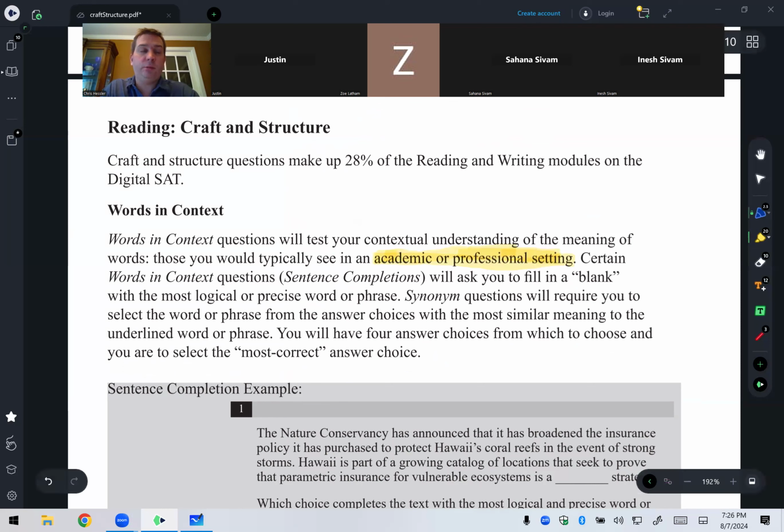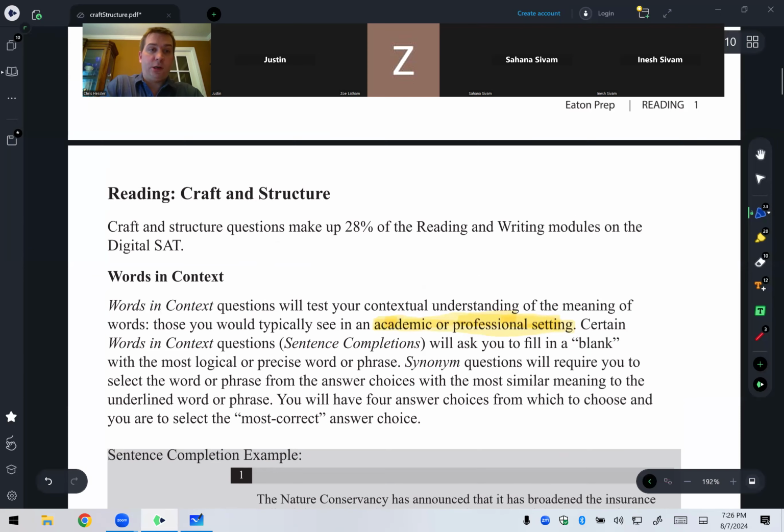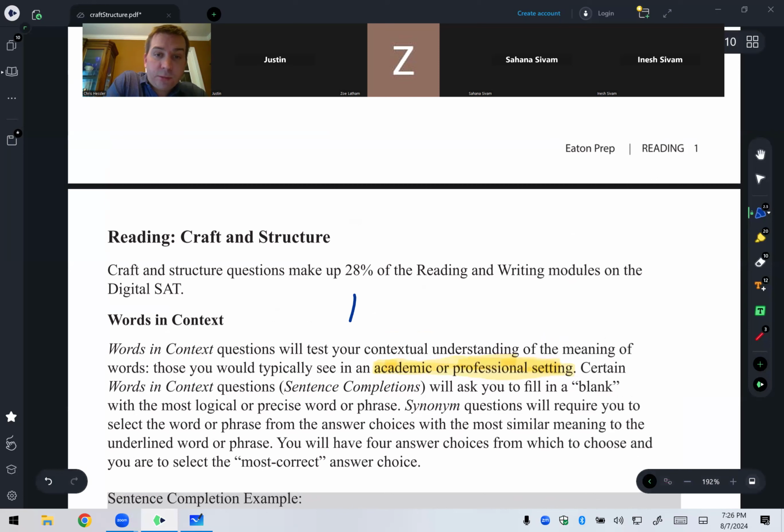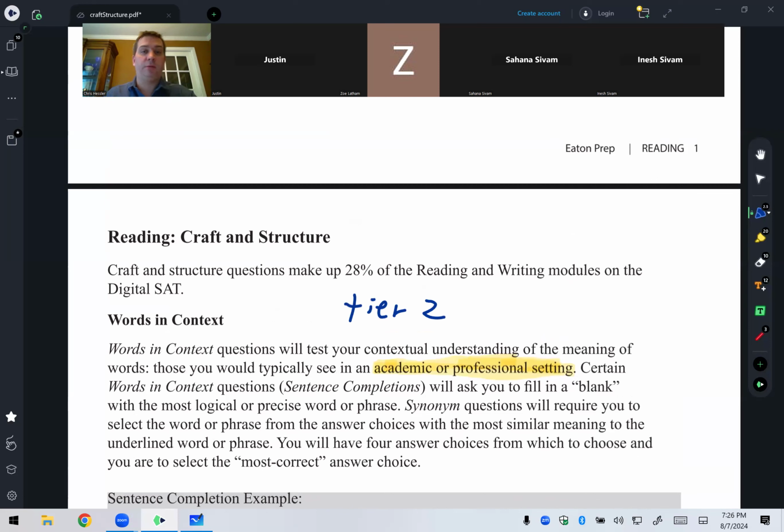So the SAT for years and years used to have more difficult words, words that we would call tier 3 words, like pusillanimous, quixotic, perfidy, supercilious. These words are no longer on the SAT. They don't get that hard anymore. So the words that you need to know, they call tier 2 words. So about medium level, just words that you would see in school or in a professional setting.